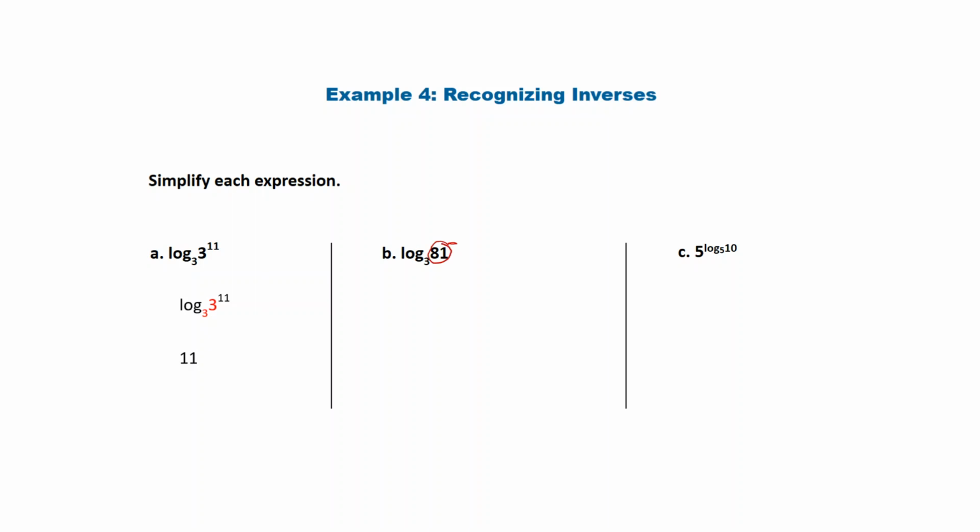I know that 81 is made up of 9 times 9, so 81 is actually 3 times 3 times 3 times 3. So instead of writing 81, I'm going to change it to 3 to the 4th power. Now I can recognize my 3's together, and these are going to cancel each other out, so I'll end up with 4.